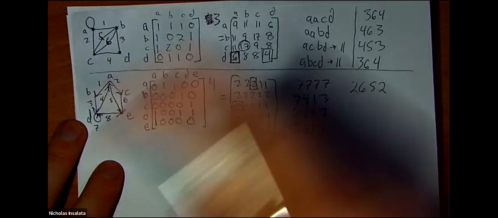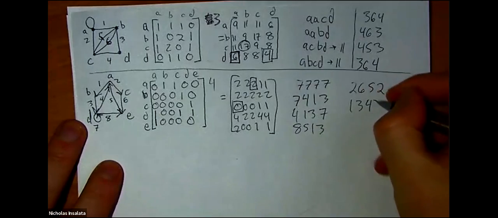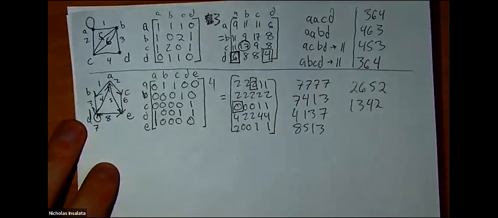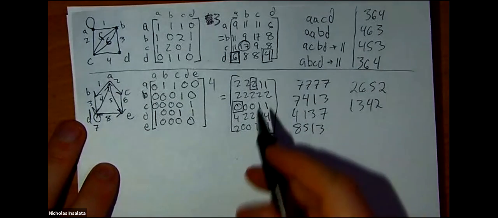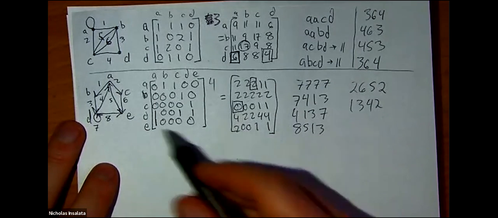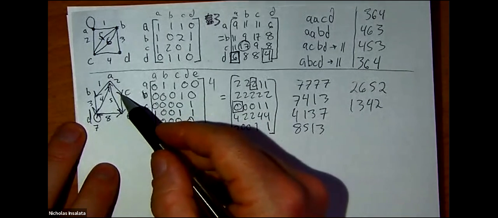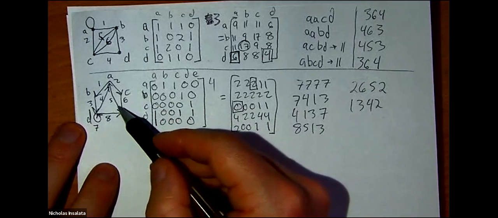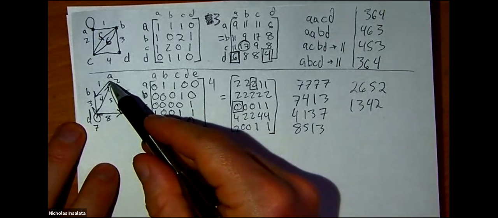1, 3, 4, 2. Very nice. Right? 1, 3, 4, 2. Beautiful. And so there shouldn't be any walks of length 4 from C to A, in theory, right? So the only place I can go from here is down 1. The only place I can go from there is up to here, so that's 2.